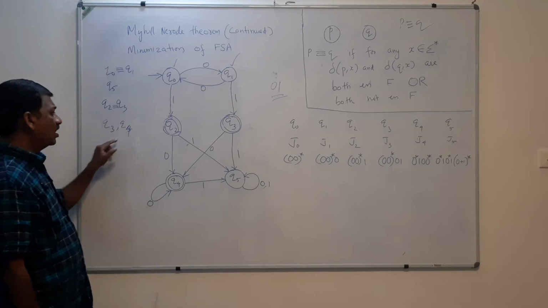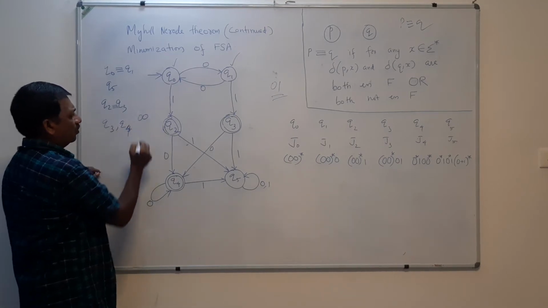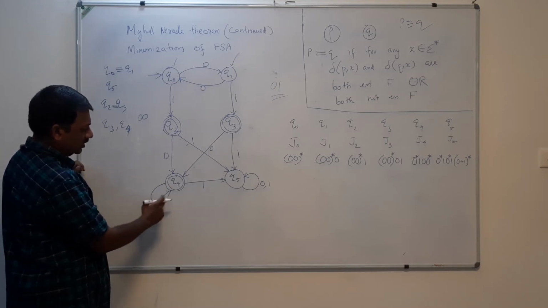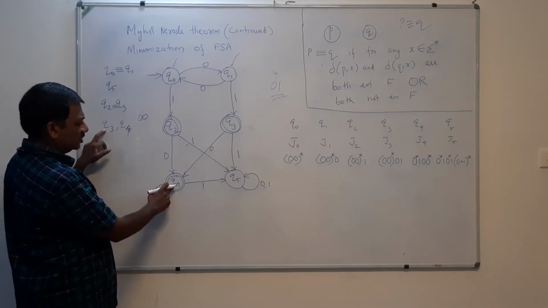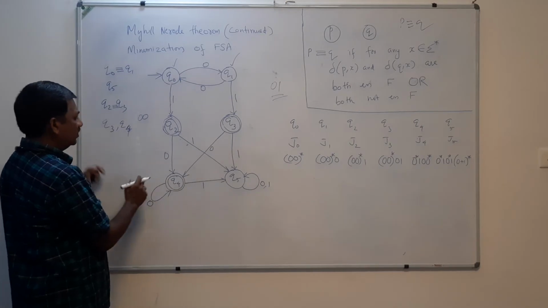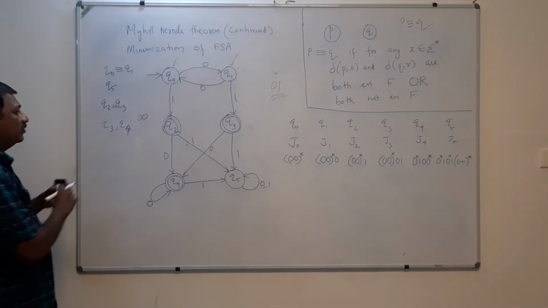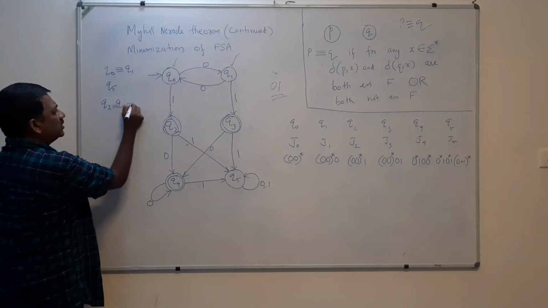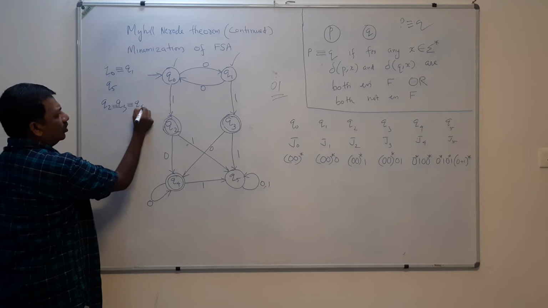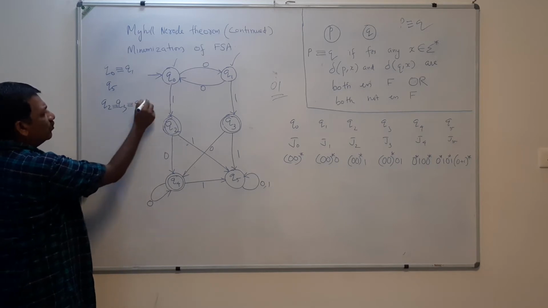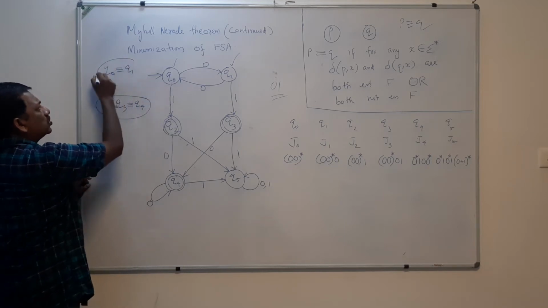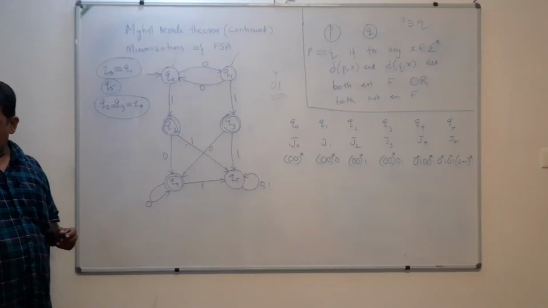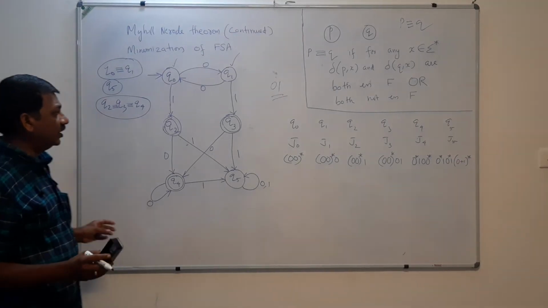That is successful. Try out another, 0, 0. Q4 on 0, 0 stays in the same state, and Q3 on 0, 0 also stays in the same state. That means Q3 and Q4 are also equivalent. So Q2, Q3 and Q4 are equivalent. Q0 and Q1 are equivalent. Q5 is not equivalent to any other one.